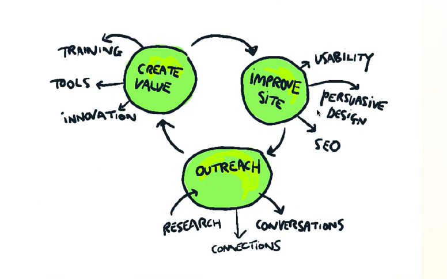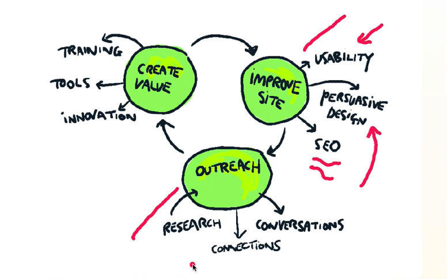This is what I do, which is all about making a site usable to begin with, making it any good, and then making sure it ticks all the boxes. Yes, of course, it has to be Google friendly. Then we do research on what people are actually doing and find ways to go out and have conversations with the people that we should be.